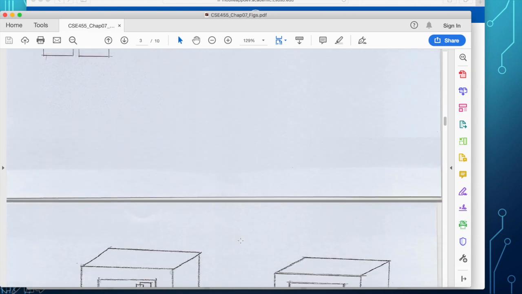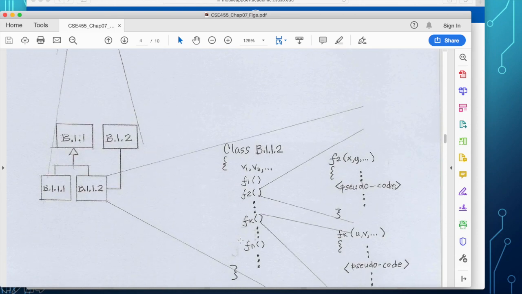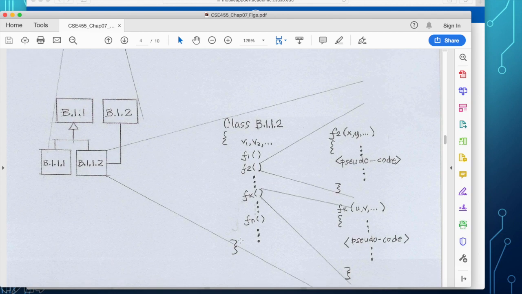So from here, you will have the class diagram B.1.1.2. You'll be able to write the class definition consisting of member variables and member functions or methods.